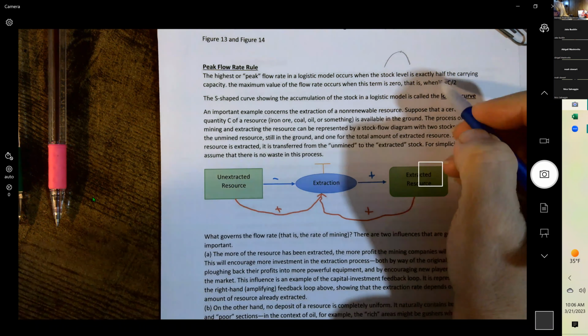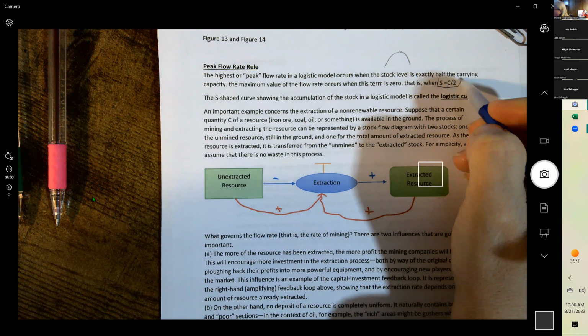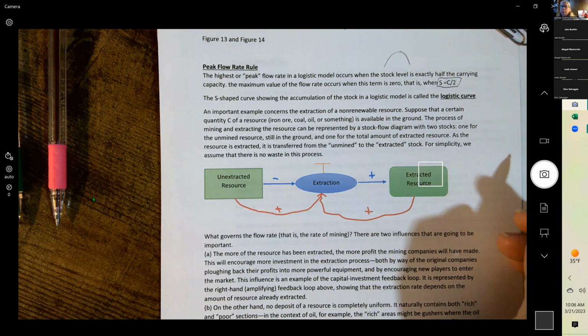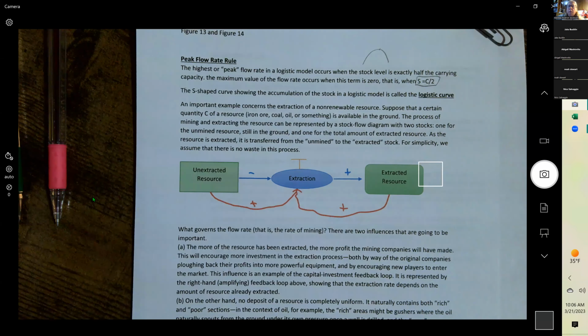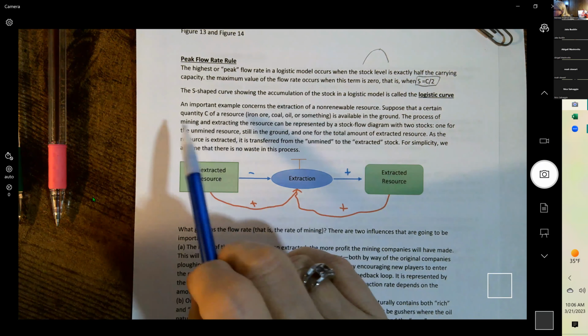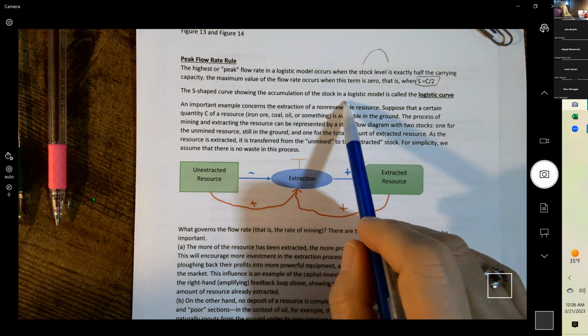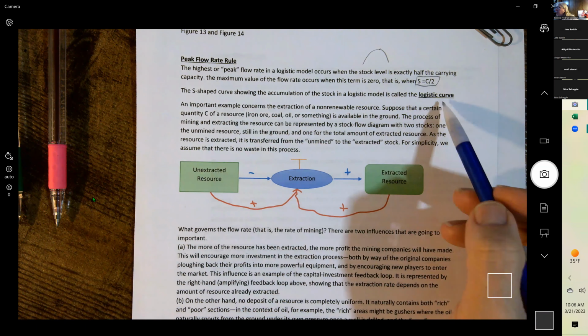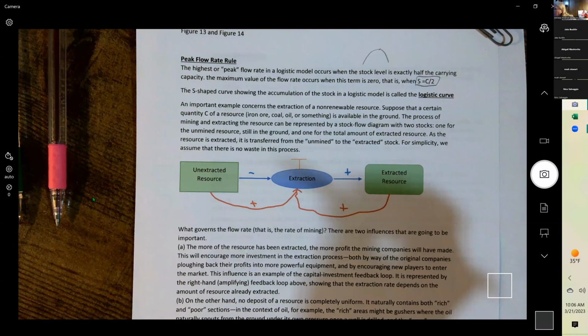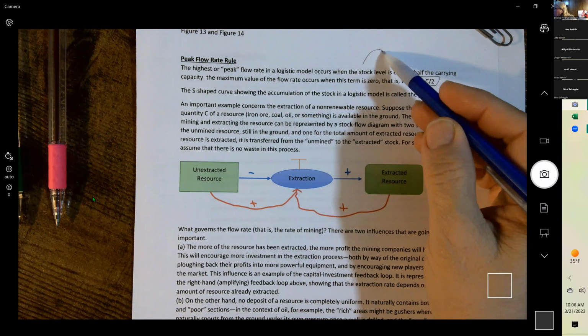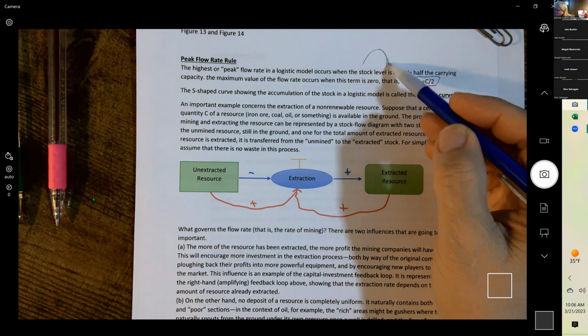But the S-shaped curve showing the accumulation of stock in a logistic model is called a logistic curve. And they say S-shape, but this one was an upside down parabola.